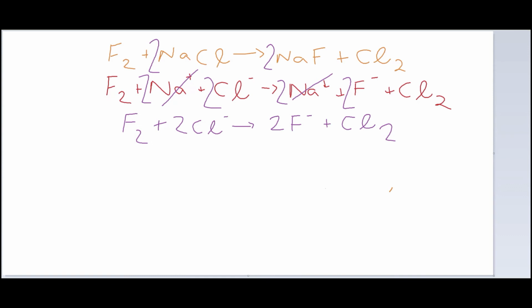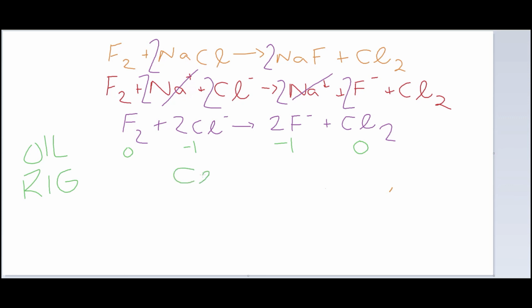For oxidation numbers, the oxidation number of fluorine is 0. The oxidation number of chloride is -1, -1, 0. So remember OIL RIG. Oxidation is loss, reduction is gain. So what is losing electrons? Well, chloride goes from -1 to 0, which means it lost an electron.